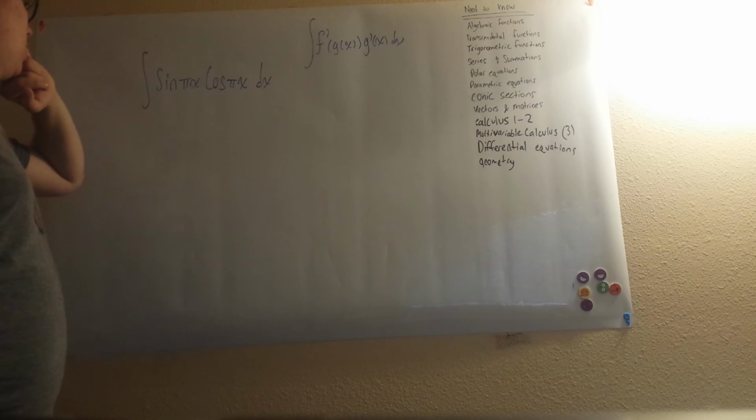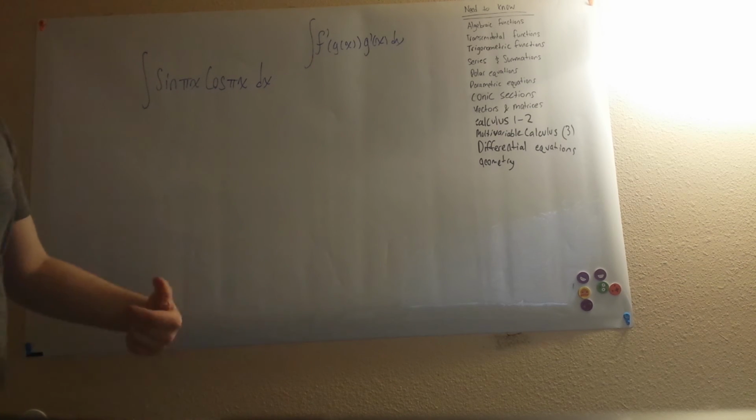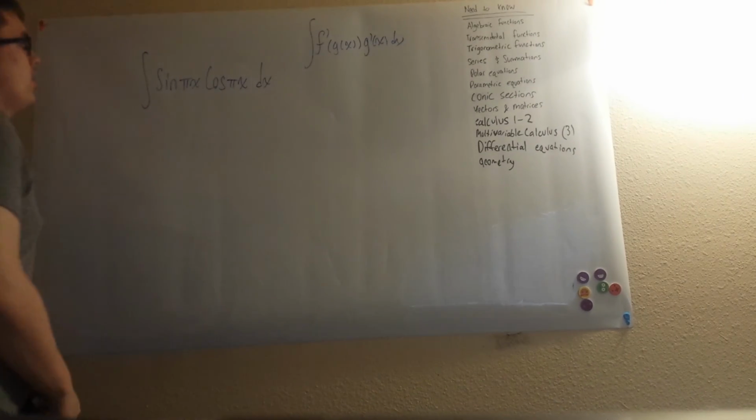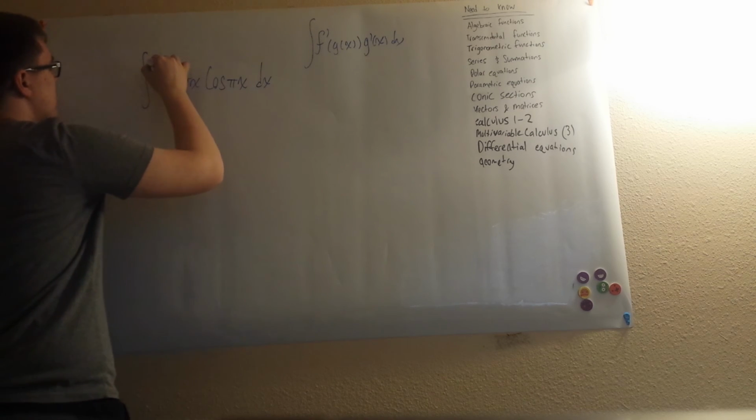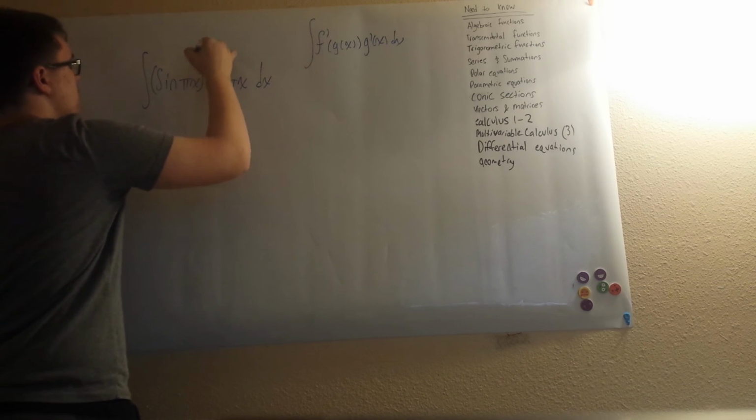What's my composition? This one's very difficult. The reason why this is difficult is it's hard to recognize your composition. Your composition is sine of pi x to the first power.